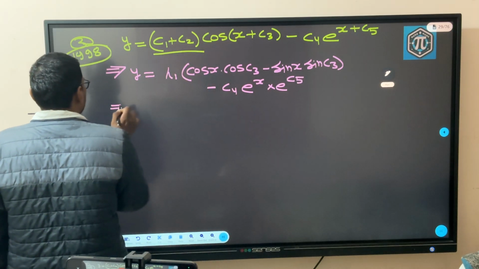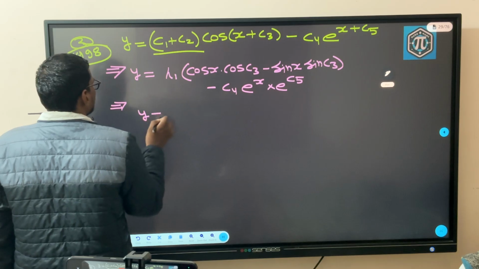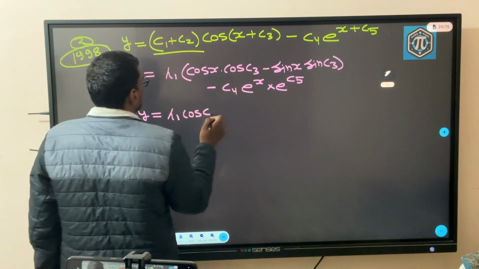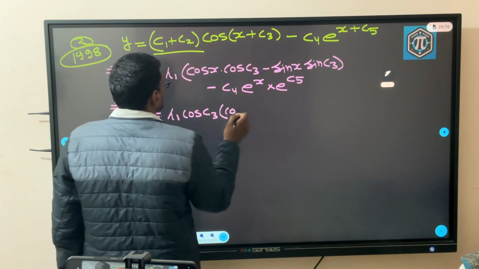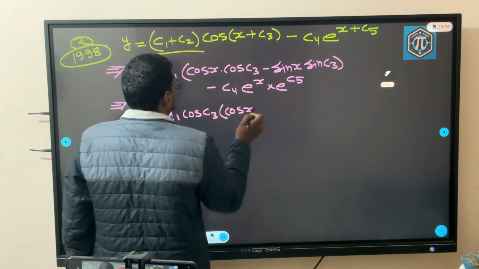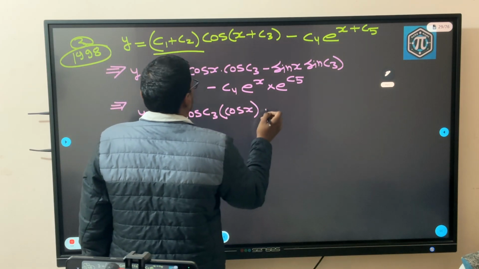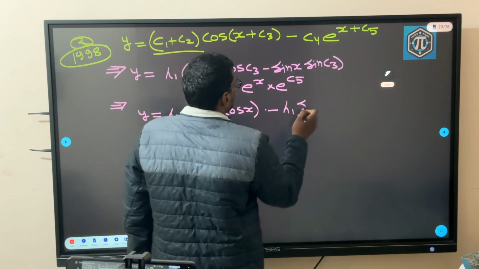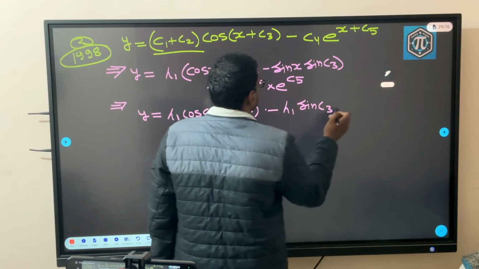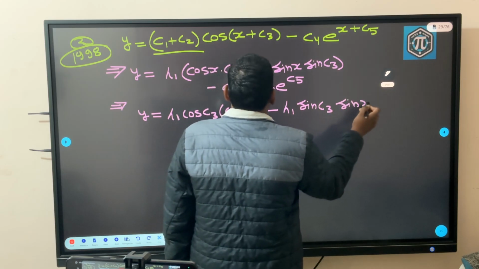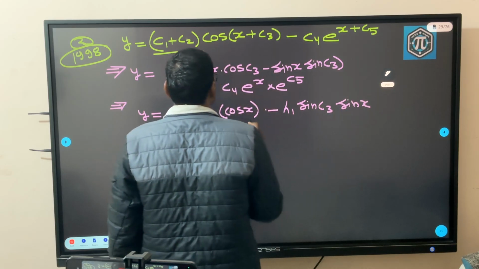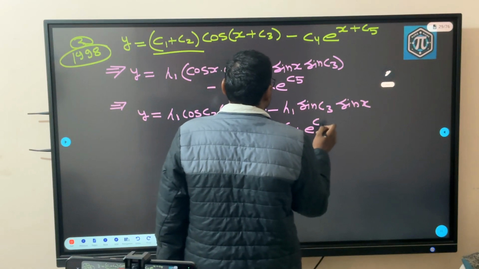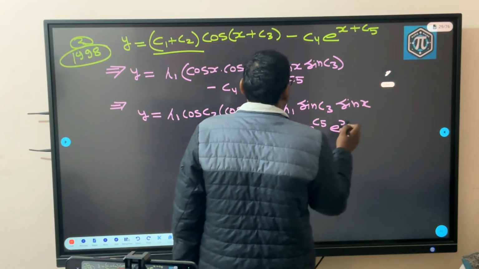Right? So y is equal to lambda 1 into cos C3 into cos x minus lambda 1 sin C3 sin x. Then we have minus C4 e power C5 and e power x.